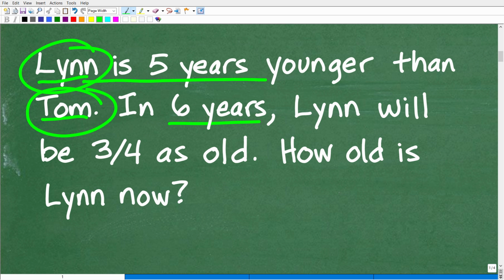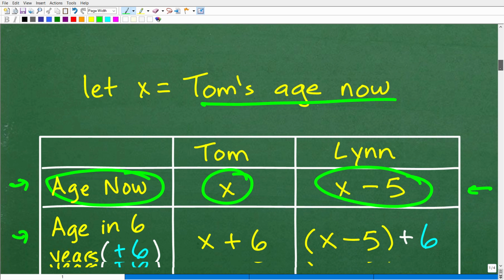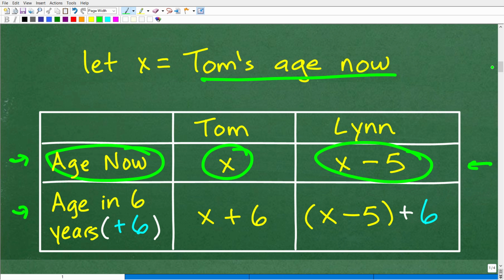Lynn is 5 years younger than Tom. We're talking present tense. So if Tom is X years old, then Lynn is 5 years younger, so her age is X minus 5. Okay. All right. So this is really the main setup.